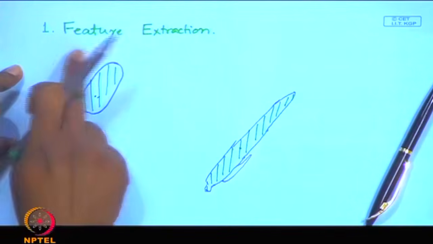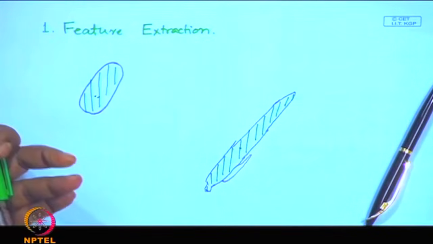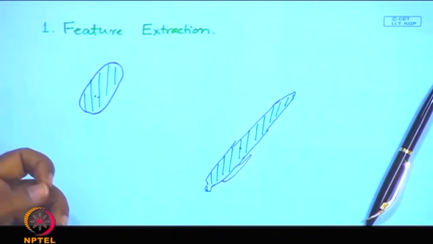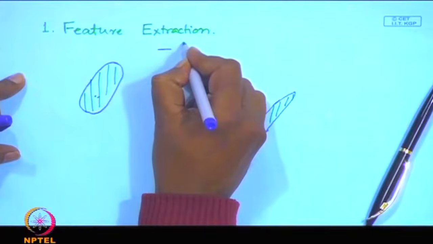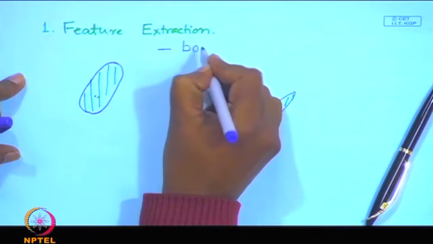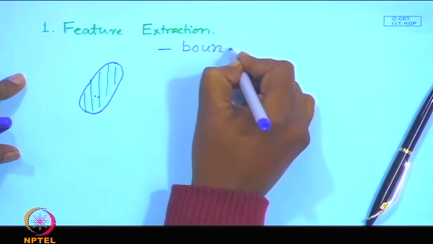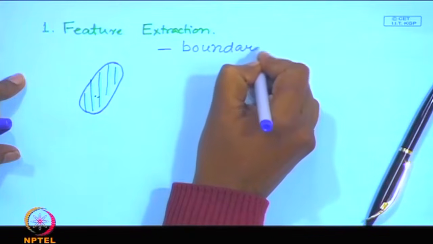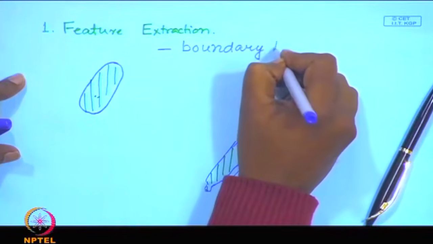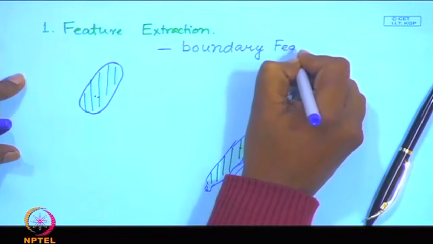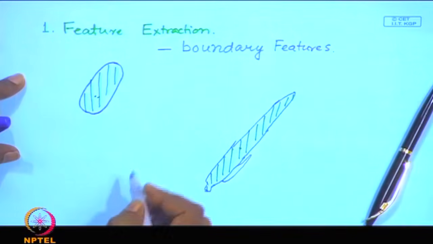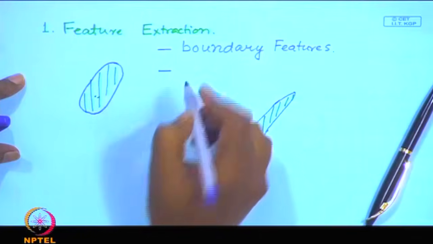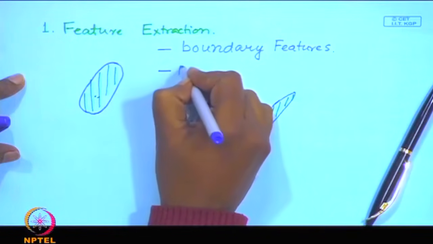So, accordingly, when I talk about features, the features are usually of two types. One type of feature is known as boundary features, and the other one is known as region features.